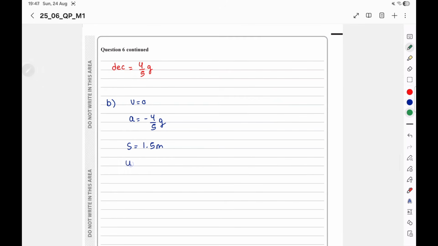V, a, s and u. We'll substitute in v squared equals u squared plus 2as. V squared is equal to 0 squared, which is 0. U squared, the unknown, plus 2 multiplied by negative 4 over 5g multiplied by 1.5.